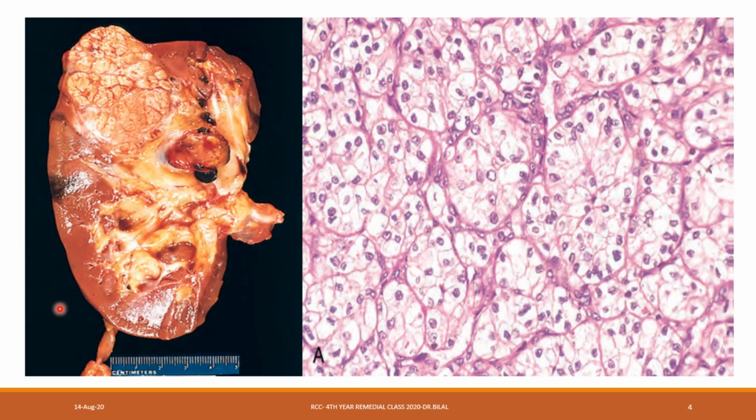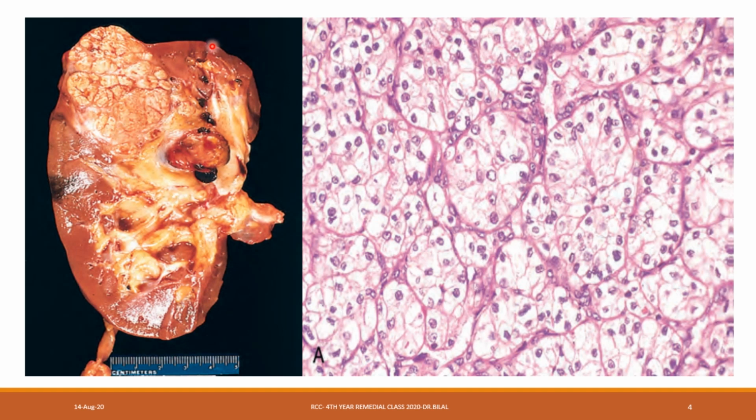Okay. Now here is the gross morphology and microscopic picture of clear cell renal cell carcinoma. You can see here this is a specimen of kidney, cut section. This is the normal part of the kidney.